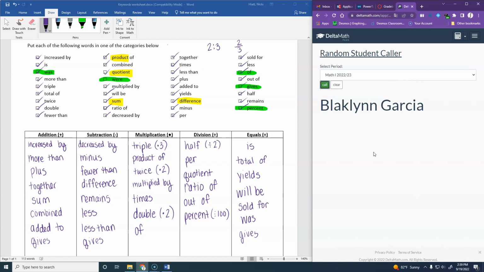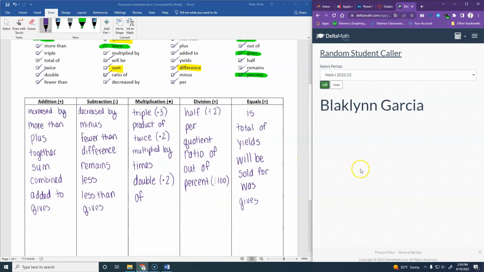Lakeland, what do you think? What? Were. Like, there were something. It would be something like the sum of a number and 3 gives you 10.